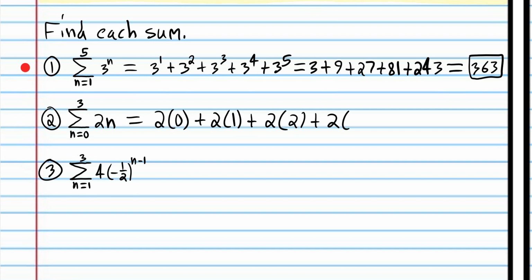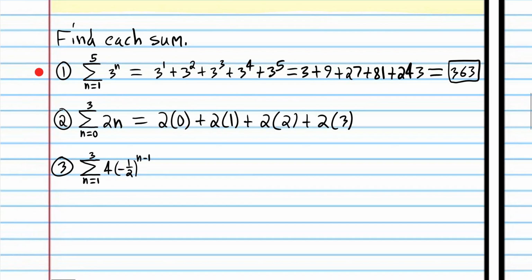But again, where do we stop? Well, it tells us to stop at 3. So again, 0, 1, 2, 3. And now we just do our calculations. We get 0 plus 2 plus 4 plus 6, which is equal to 12.